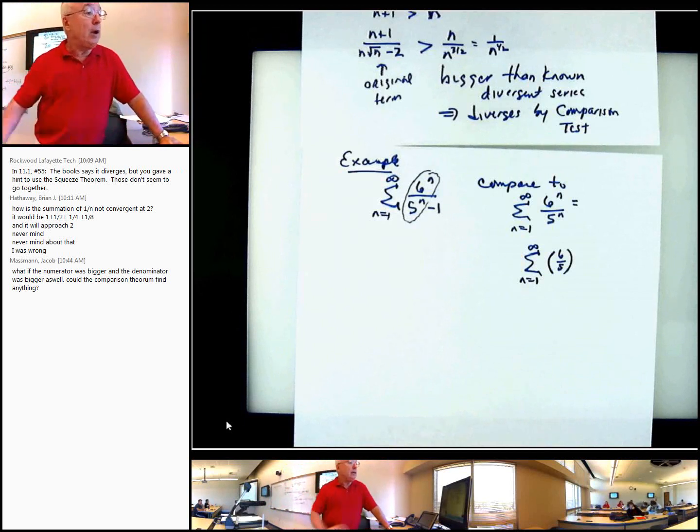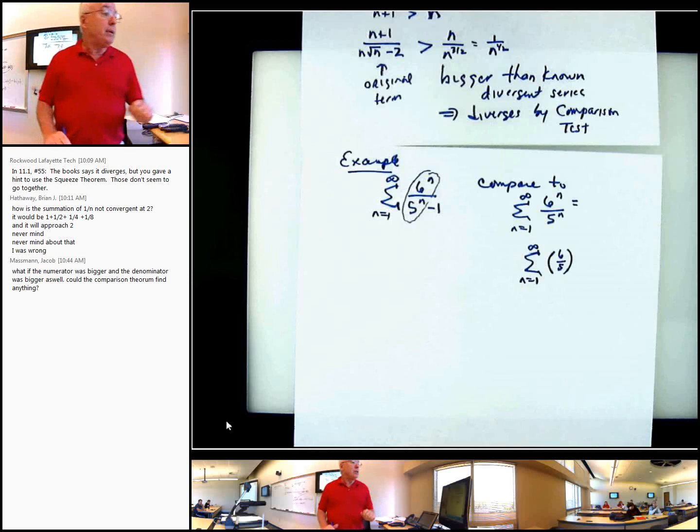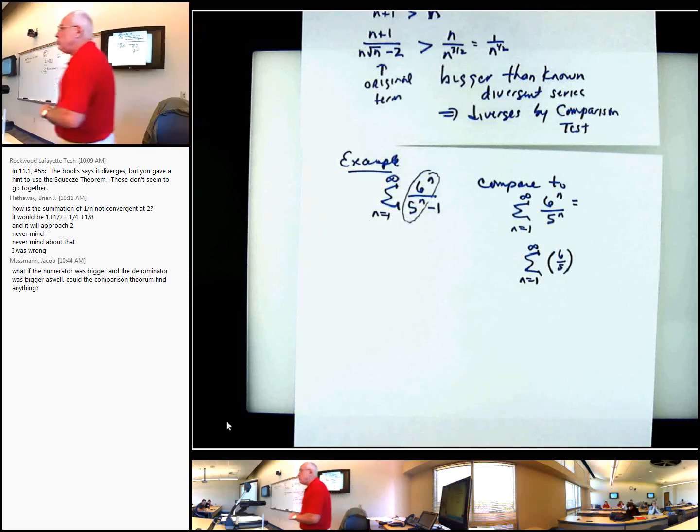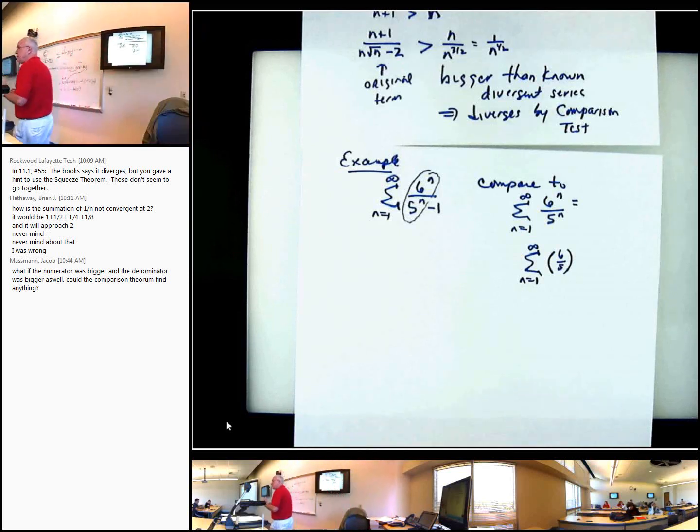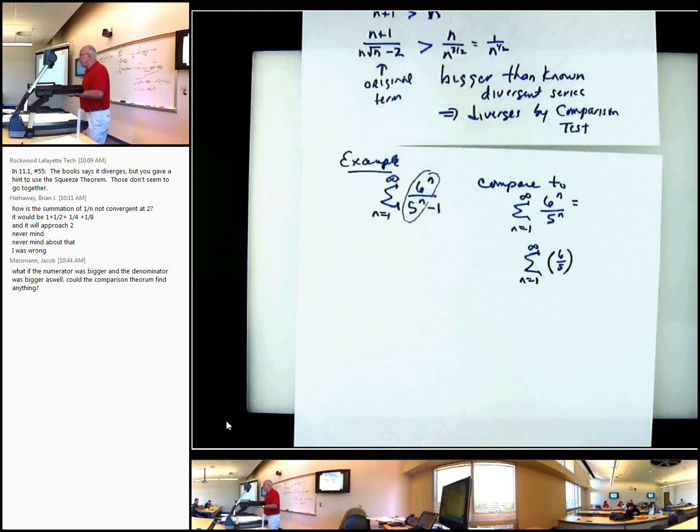And we're leading right up to what is called the limit comparison test, which hopefully will help us. So with Jacob's question, and we're going to see this in just a minute, the comparison theorem doesn't always work. We're going to see that.